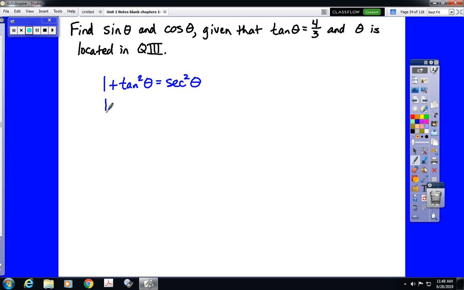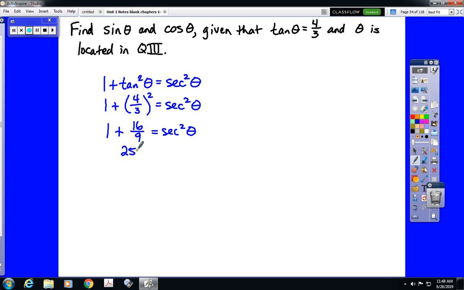Plug in what we know, which is that tangent is 4/3. 4/3 squared is 16/9. Square the top, square the bottom. Add 16/9 and 1. Remember that 1 is 9/9, and then you add the numerators.